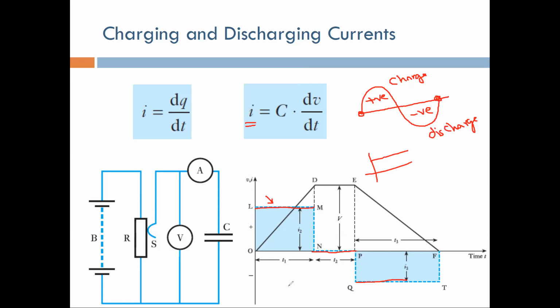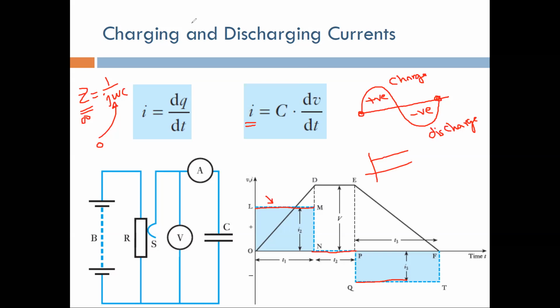This is related to the impedance of the capacitance, which is Z equal to 1 over j omega C. If omega is 0, then the impedance of the capacitance will be infinity. So it impedes DC, because the impedance at DC will be, ideally, infinity.